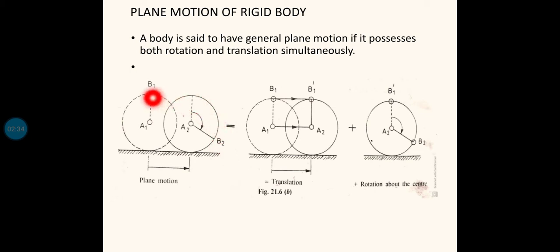So the movement of the point B1 is a combination of linear motion from B1 to B1 dash, and then a curved motion through this circumference to a new position B2. So this motion can be considered as a combination of a translatory motion plus a rotary motion.